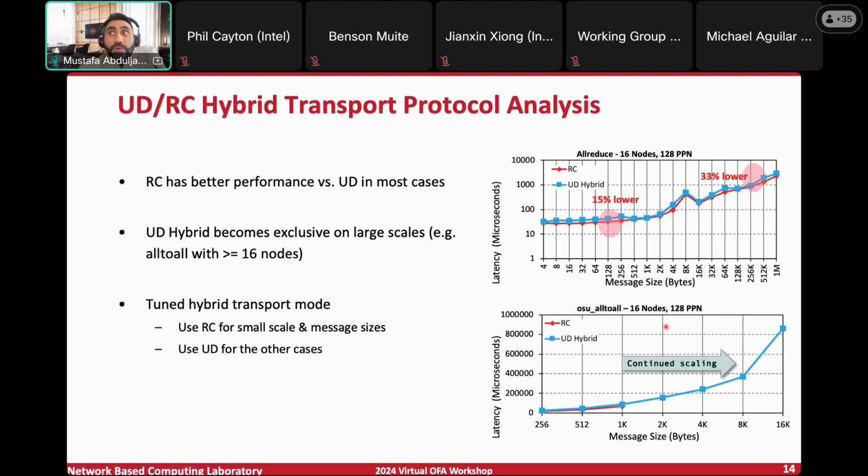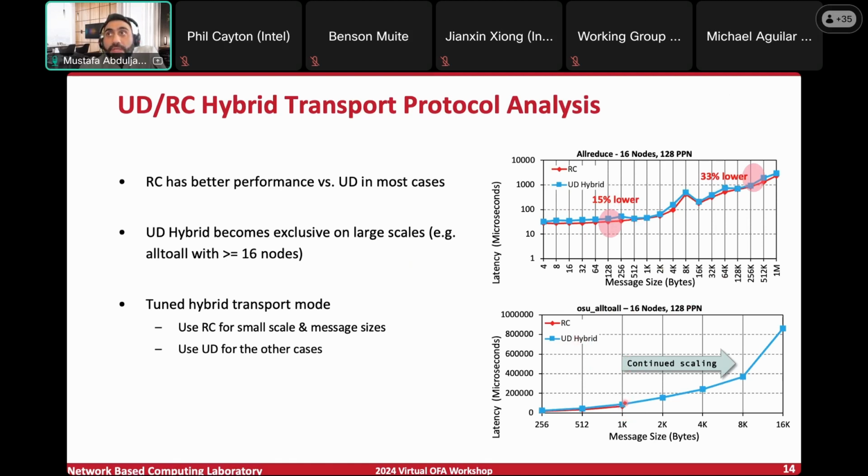However, with all-to-all, the difference is not as significant as it is for Reduce. If you look at the figure here with the all-to-all performance on 16 nodes and 128 ppn, we see that past the 1K message size, RC cannot really fulfill the QP requirements.